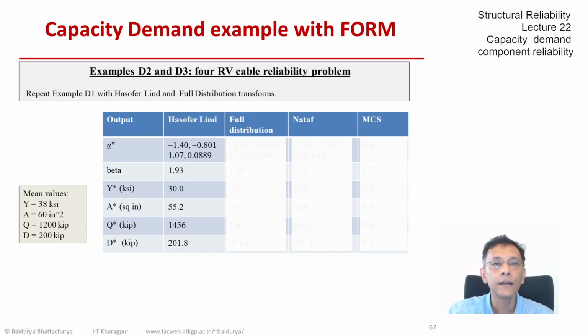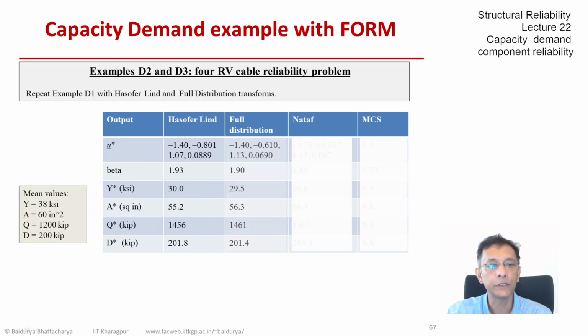If we went one step better than Hasofer-Lind and employed the full distribution type transformation, then the result hardly changes. Beta comes down from 1.93 to 1.90, so it gets closer to the Nataf result. The design values are roughly in the same region.